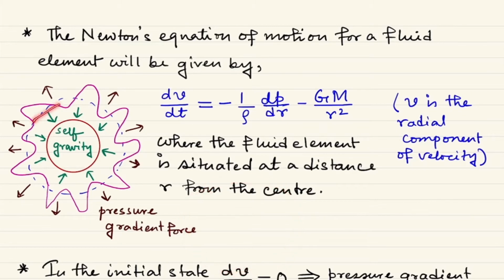Basically, the fluid element experiences the gravity field created by the whole mass which is inside the radius r. That's the meaning of M.